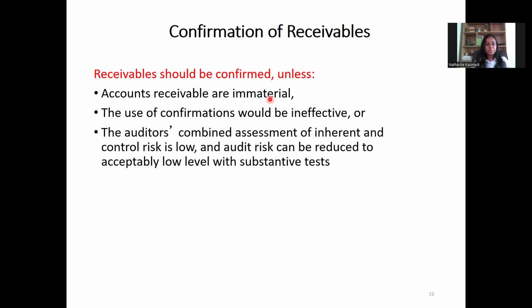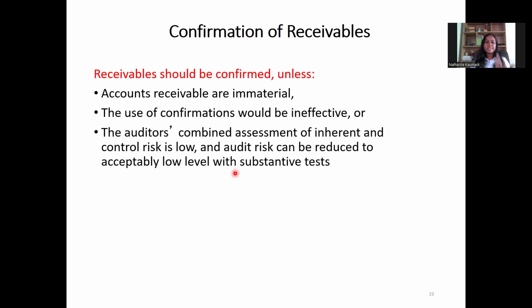It is not effective because all these customers are international customers. There's a high chance they won't reply. Use of confirmation would be ineffective, so you are not using confirmation. The auditor's combined assessment of inherent and control risk is low. Risk is low when it comes to revenue and receivables, and audit risk can be reduced to an acceptably low level with substantive tests.